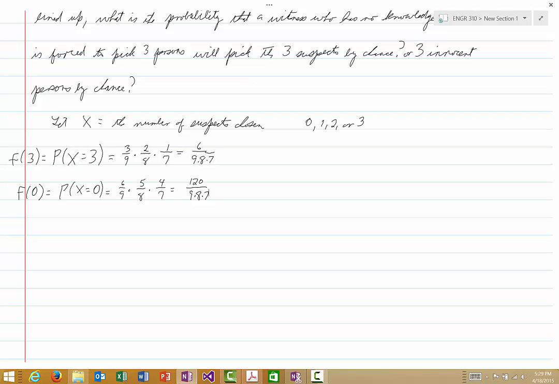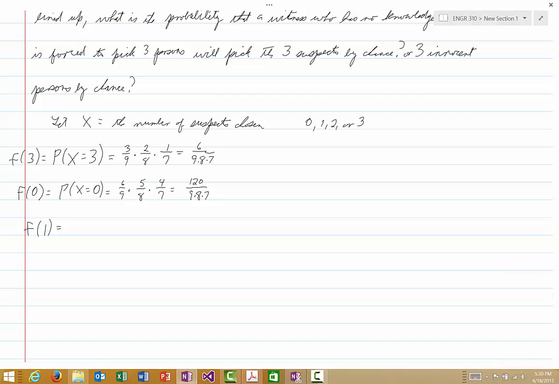But what if we wanted to know the probability of getting one suspect or two suspects? Now, I think you can probably figure those out, but in fact, let's go ahead and do that with the knowledge we already have, but then we'll see how it fits in with a hypergeometric distribution. So let's calculate the probability of getting one suspect.